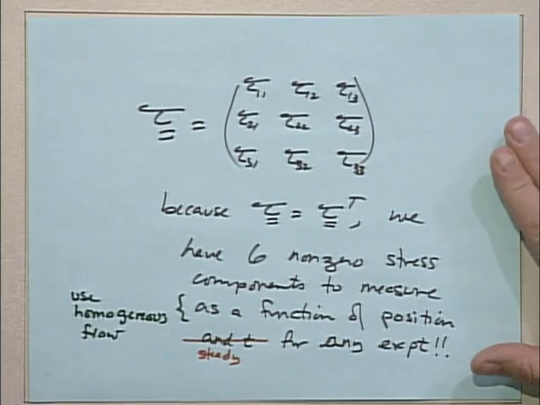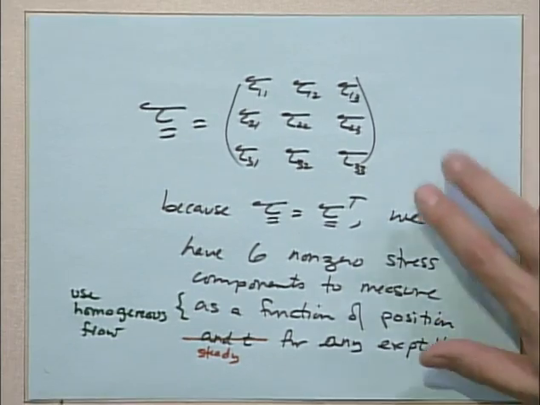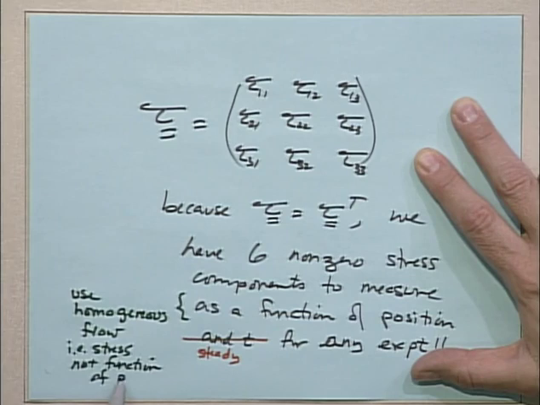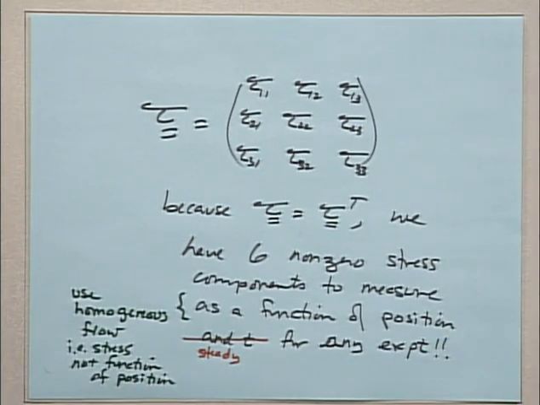What does homogeneous flow mean? Homogeneous flow means the stress is everywhere the same, as not a function of position. Well, that's what we've just introduced to you. We've introduced to you 2 steady flows that are homogeneous. Stress not a function of time, not a function of position. Very good.